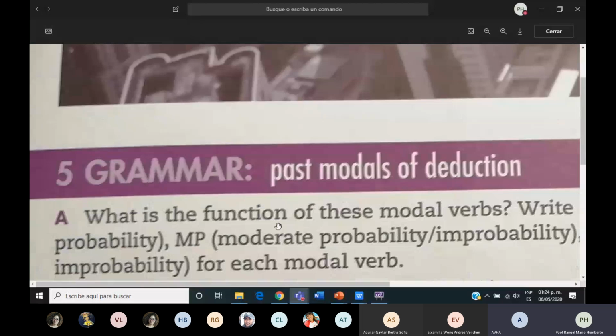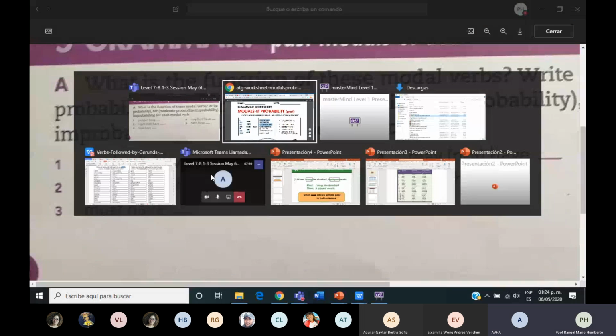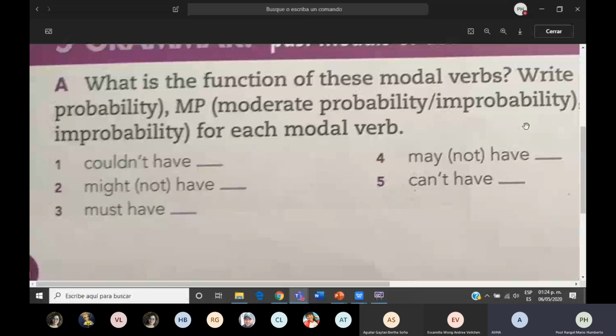Oh, a ver. El couldn't have. Couldn't have. Es el único que tengo duda. A ver, acá está, fíjese. Acá está. Couldn't have. Okay. Es strong improbability. So it couldn't have, like, no pudo haber sido eso.